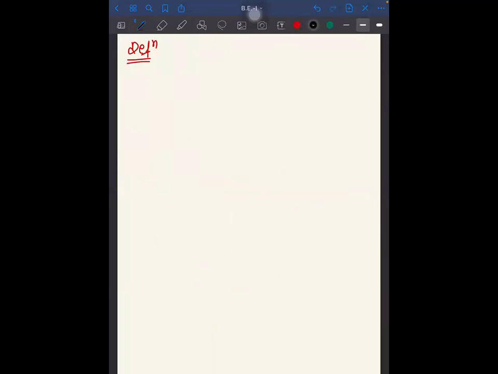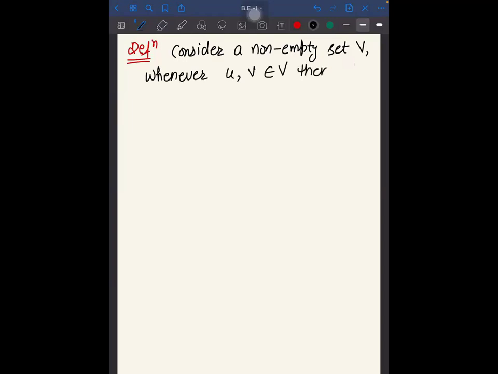So consider a non-empty set V. Whenever u and v belong to V, then u plus v should belong to V. And for k belonging to the reals, it may not belong to the reals every time, but we are not going to discuss that.